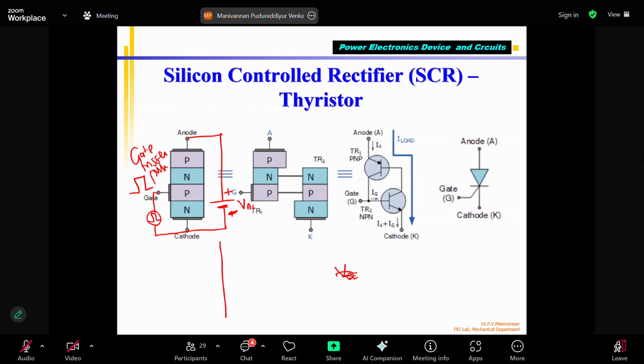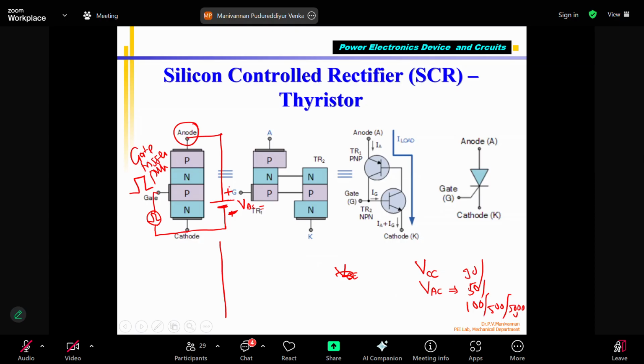We say VAC, like VCC, correct? We say VAC also, the manufacturers. What voltage can you give across anode and cathode? Say 50 volts, I don't know, even it can be 30, depending on power rating. 30 volts or 50 volt, 100 or 500. There are SCRs which can work even at 5000, 2000 volts, right?